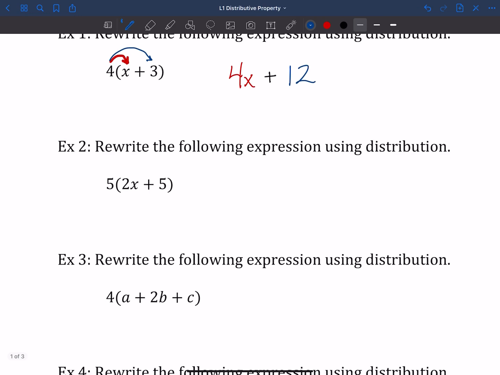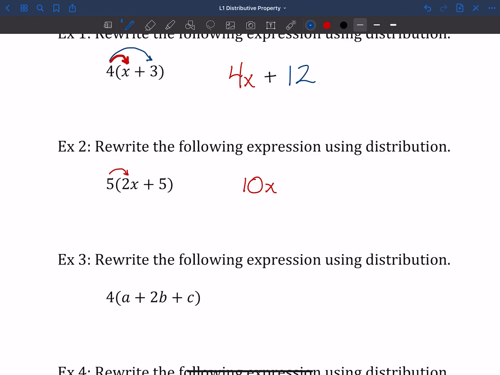All right, let's try another one out. So this one, we've got 5, and we're going to multiply it into 2x plus 5. When we've got something like 2x, we multiply the pieces that look like they go together. So the 5 can multiply the 2 and give us 10, and then that x is still along for the ride.